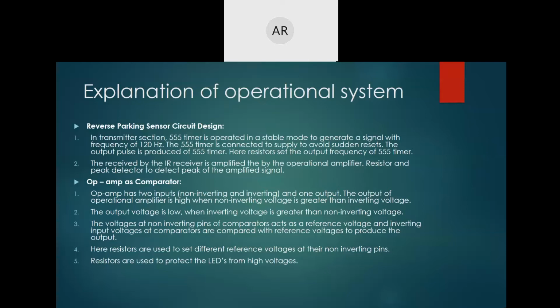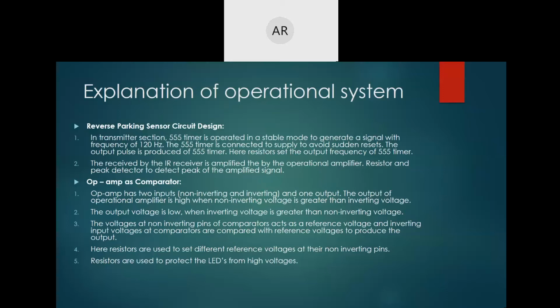The op-amp is used as a comparator. An op-amp has two inputs, which are non-inverting and inverting, and one output. The output of the op-amp is high when the non-inverting voltage is greater than the inverting voltage. The output voltage is low when the inverting voltage is greater than the non-inverting voltage.